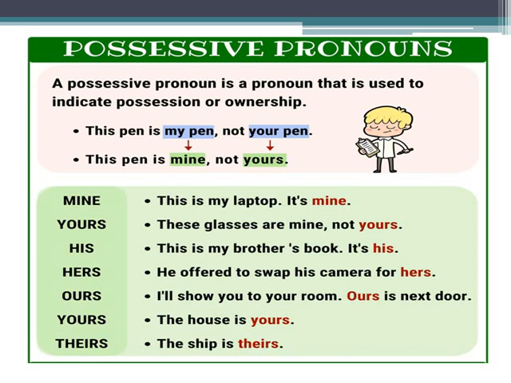And what is the difference? In a possessive adjective, just after the possessive there is a noun. So this is my book. My is a possessive adjective because just after the word my there is a noun which is book.